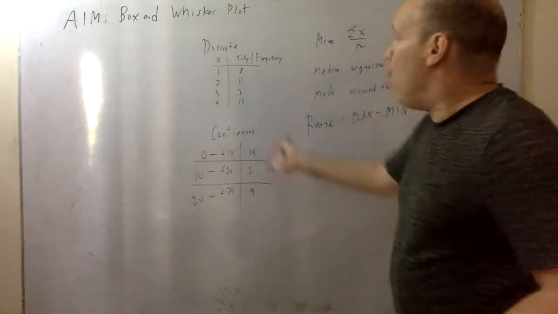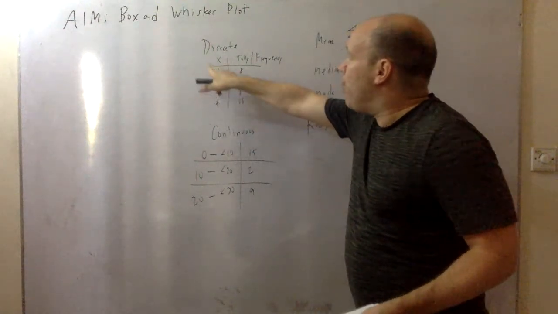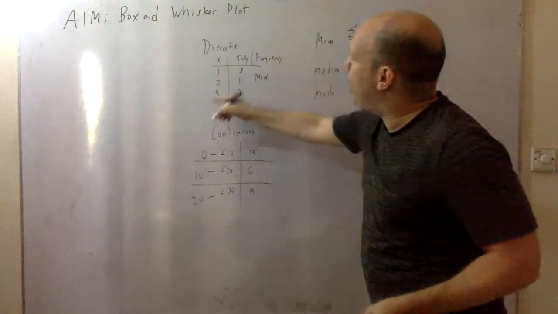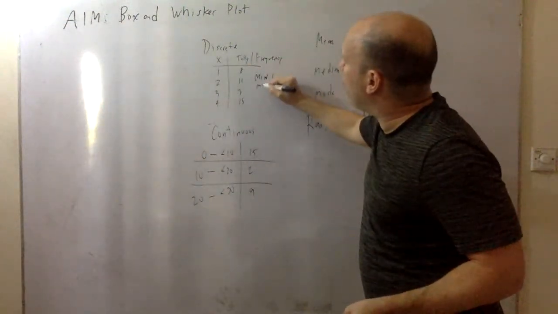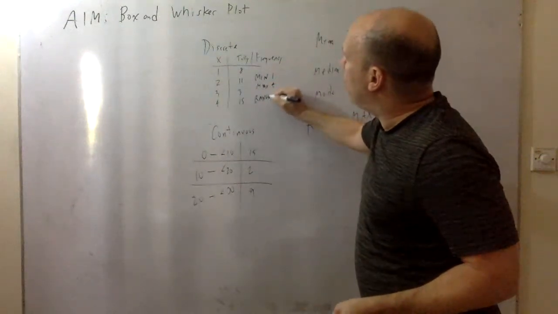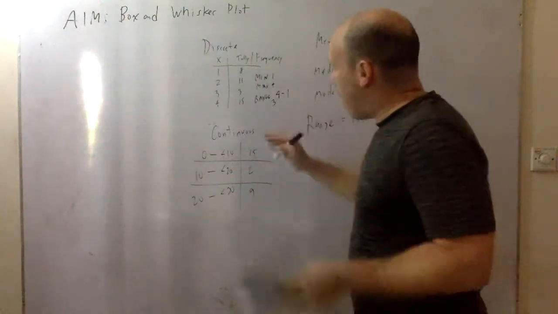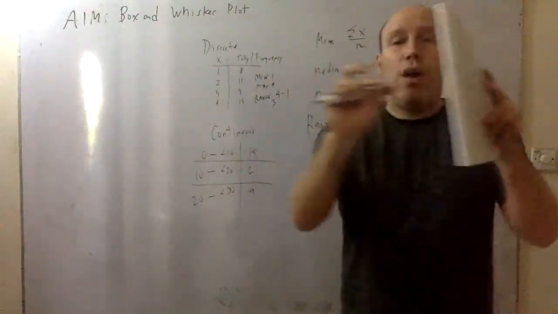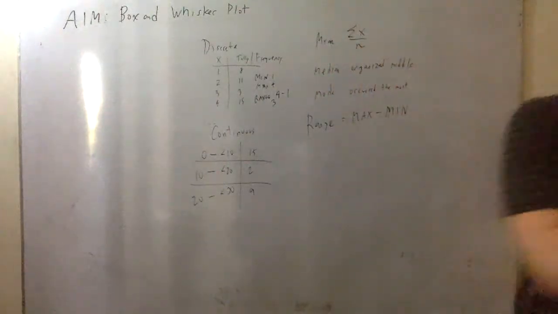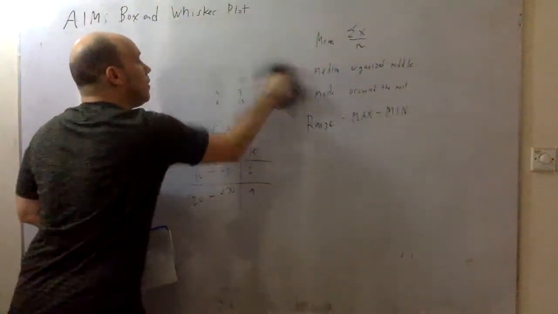So, for example, we know that in this example, the minimum was 1 and the maximum was 4. So the range is 4 minus 1, which is 3. So we kind of have this idea of a spread and that's what we're moving towards, how the data is spread out.